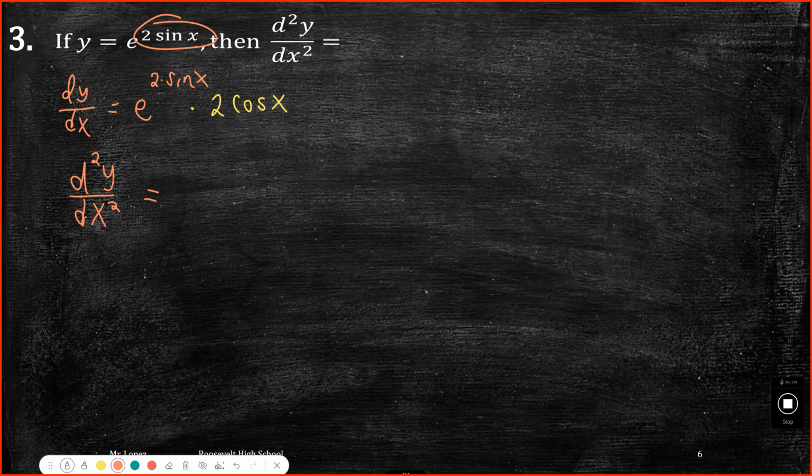So this is a product rule. Product: first times the derivative of the second. Derivative of the second is negative 2 sine x, plus the second times the derivative of the first, which is again the same one we got right here, because the derivative of the first is this one right there.